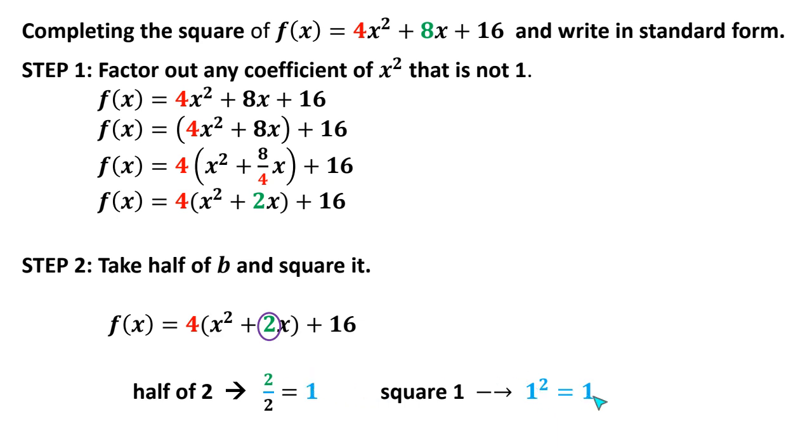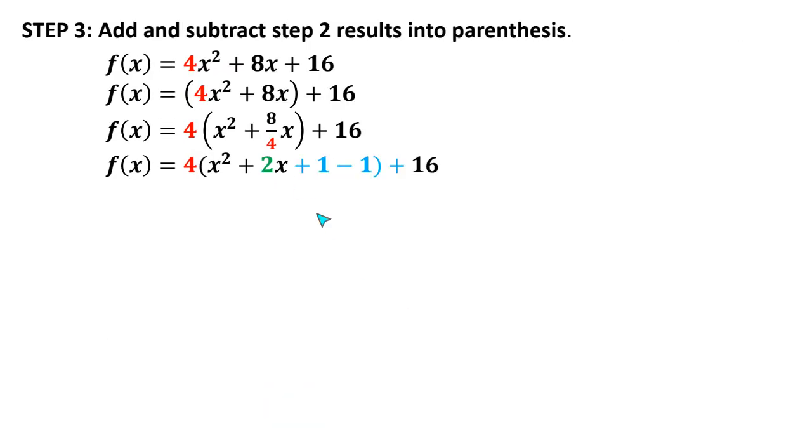So 1 squared is equal to 1. Your result, we want to add and subtract it into the parentheses. And when we do this, we're essentially just adding 0. So we're not changing the problem, we're just making it look a little bit different. So plus 1 and minus 1.